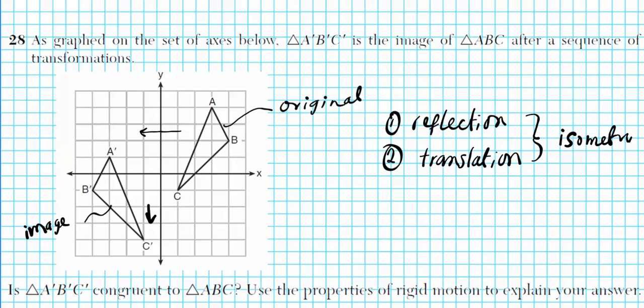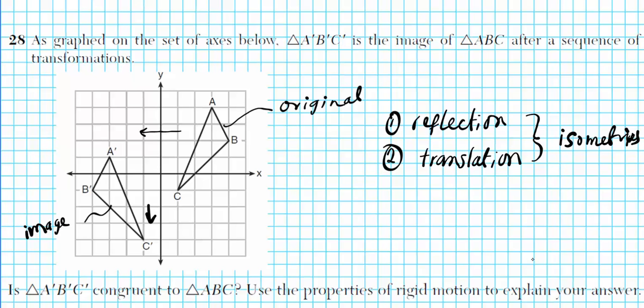Since they're isometries, guess what? The composition of both of them is also an isometry, hence the dimensions are preserved. A'B'C' is in fact congruent to ABC. So we can just write that down and we're good to go.